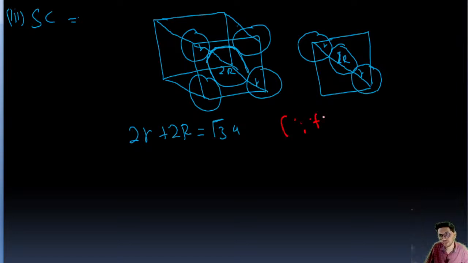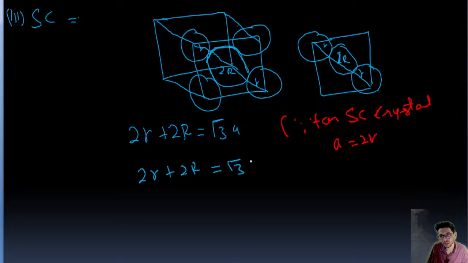since for the SC crystal, A equals 2R, in place of A we'll write 2R. So 2R plus 2 capital R equals root 3 into 2R.